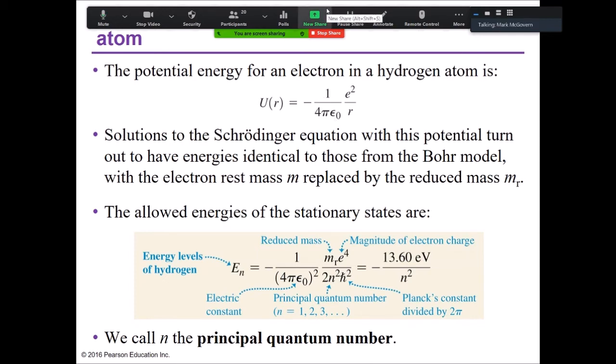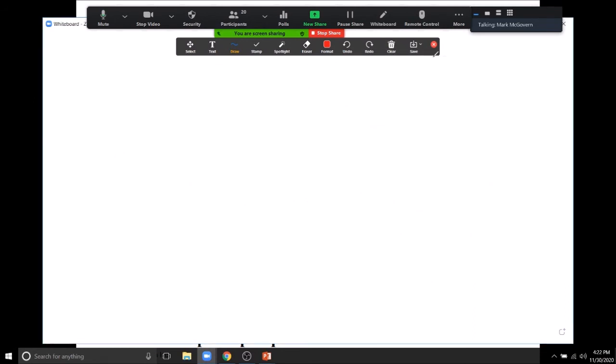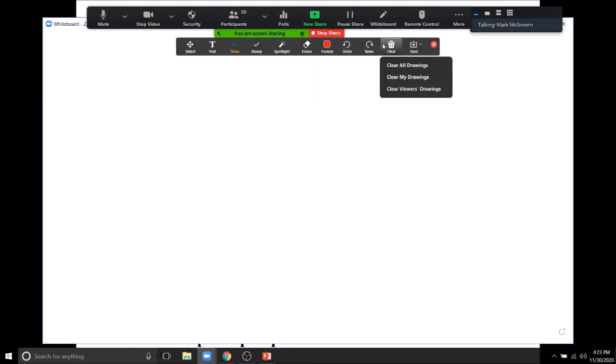Let me bring up a screen share here to try to communicate some of the stuff we're going to work with. There we go. So we are going to do a similar idea where we assume that our wave function can be broken up into independent variables. The wave function is going to be in terms of r, theta, and phi.